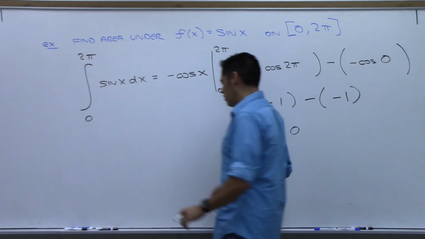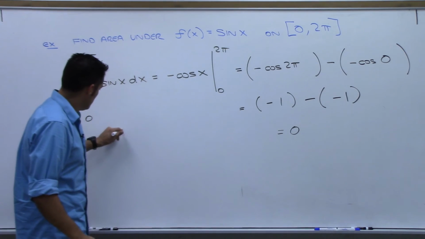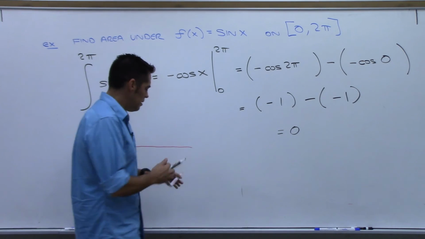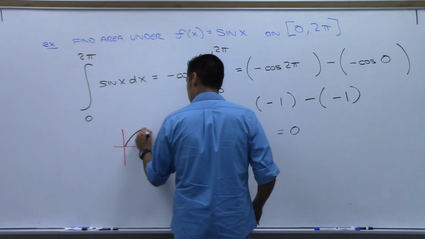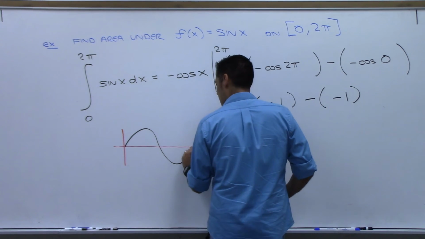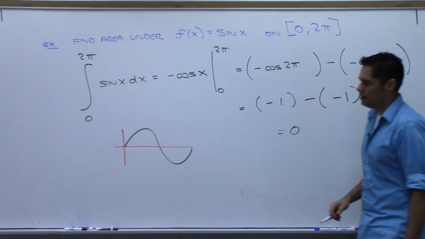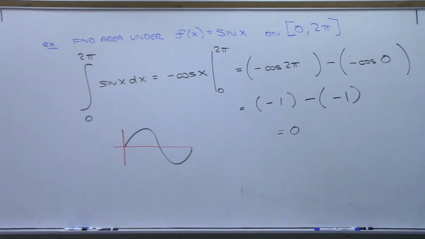Let's take a look at this picture. Well, it's got to have some area, right? If the area is 0 on one period of sine, then what's happening here? Negative and positive areas are canceled.